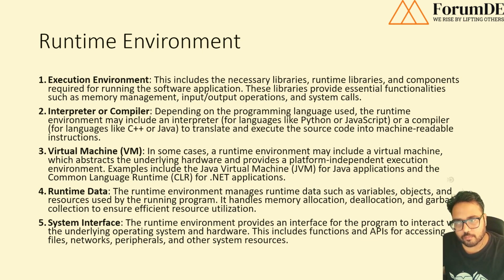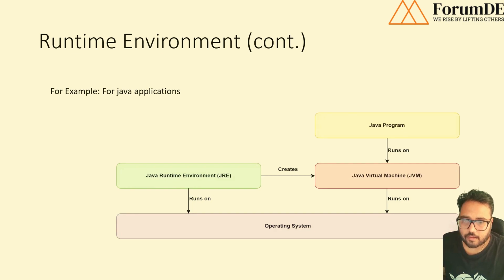So a software deployed in a monolithic architecture runs as a single process, and that single process needs one runtime environment. Like a Java program runs on a Java virtual machine, which is created by the Java runtime environment.